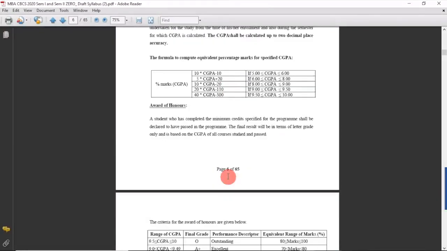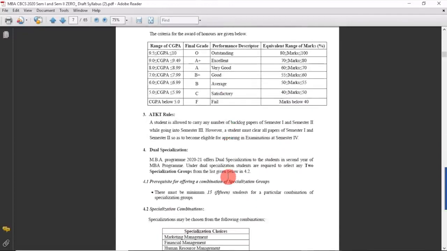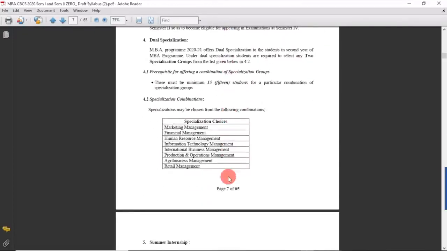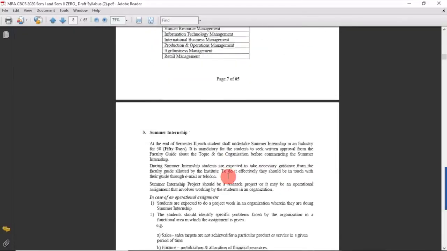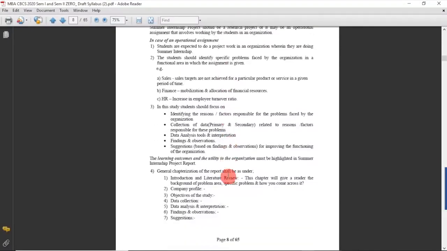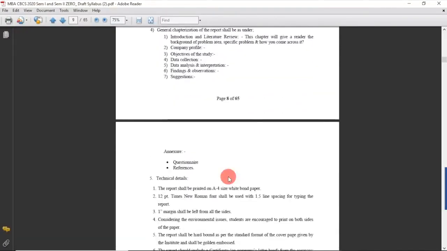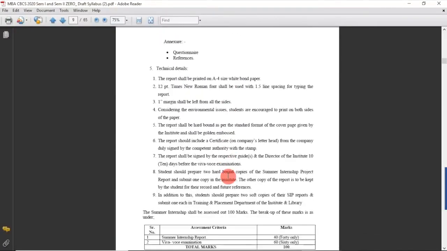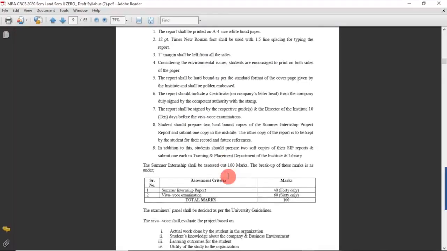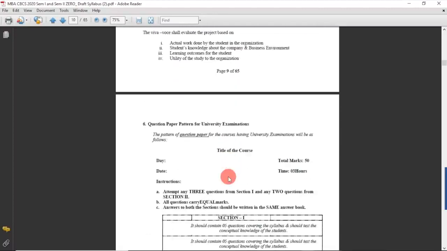So just see the syllabus in the beginning. About 15 to 20 pages are very important, because they tell us about the structure, about the assessment, and about what all reports are involved in this particular course and how the reports have to be taken care of, right?